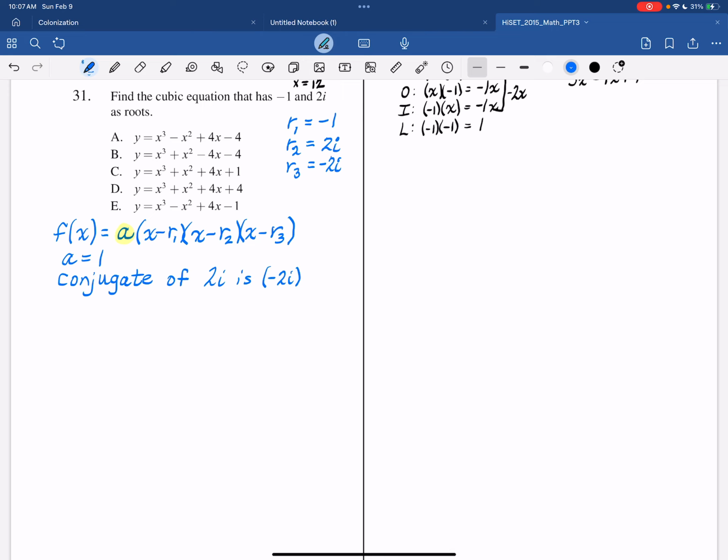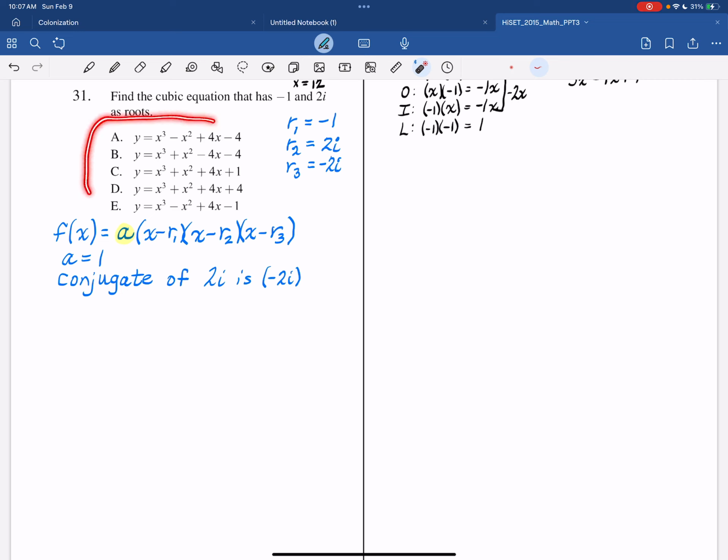And if you look at these choices, they are remarkably close. If you just look down through there, the first 2 terms of these equations are the same except for signs. The third term is the same except for signs. And then the fourth term, the constant term, is either a 4 or a 1, and the sign changes.